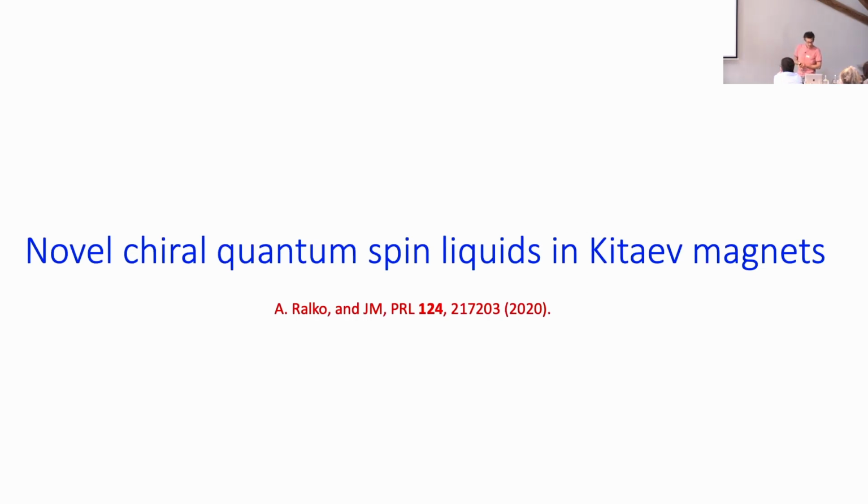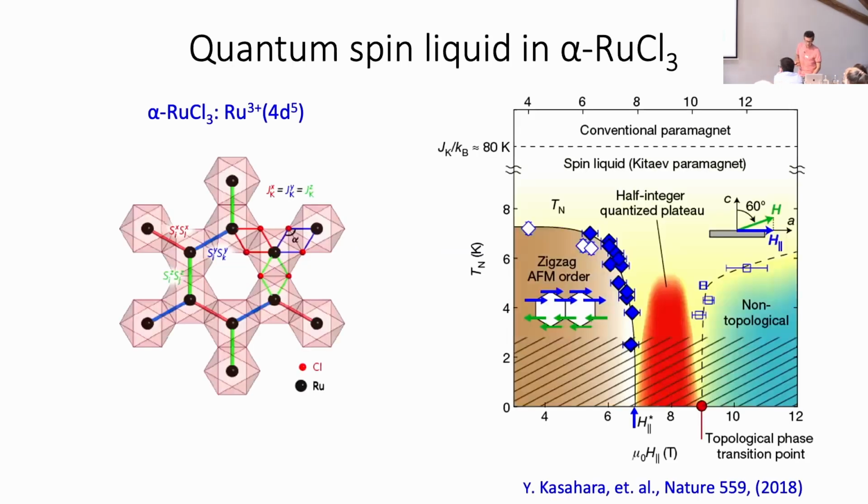Okay, so getting then to the first part, this novel chiral quantum spin liquids in Kitaev magnets. So I'll make contact with the previous talk quite briefly. So we are then discussing this alpha ruthenium chlorine, which is supposed to have a Kitaev model or some aspects of the Kitaev model, let's say.